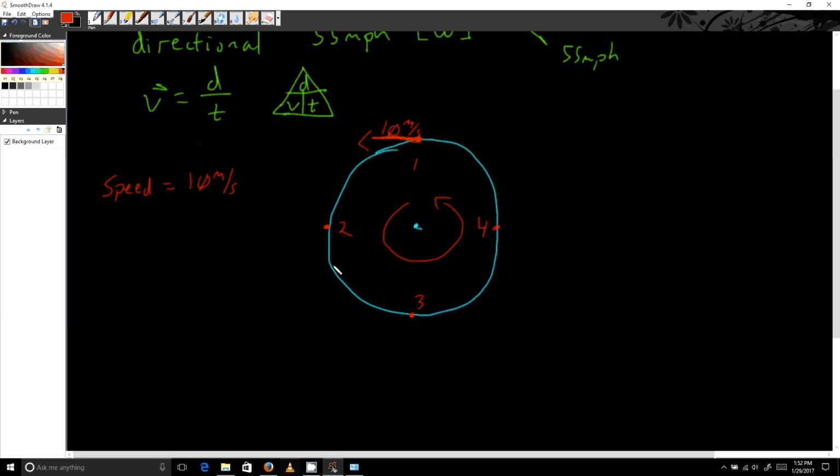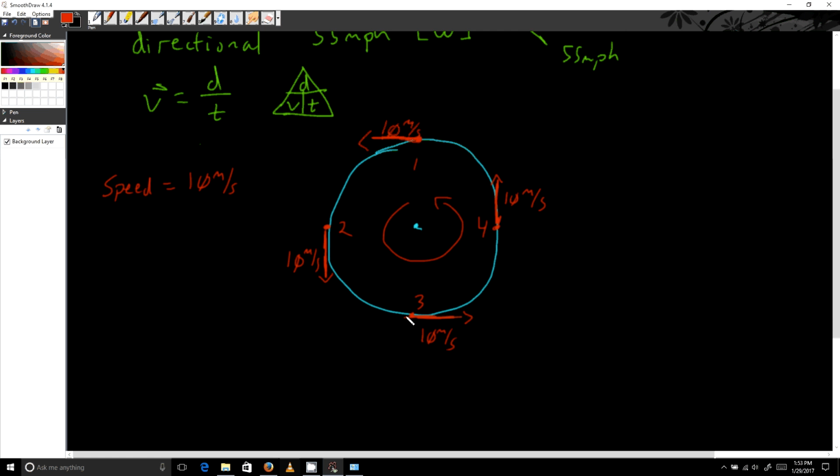At point 2, I'm driving towards the bottom of the screen, so my velocity vector is the same size, but now it's pointed in a different direction. Again, point 3, 10 meters per second, vector is the same size as before, but now it's pointed towards the right of the screen. And finally, point 4, 10 meters per second, it's the same size as the other 3 vectors, but now it's pointed towards the top of the screen.